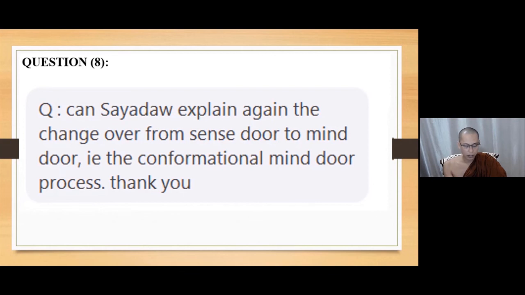Then in order to identify something, to grasp the whole thing, another process is needed in the same way. After the conformational mind process, some bhavanga moments arise, then again mind door adverting starts, and 7 javana and registration, and it takes the whole.